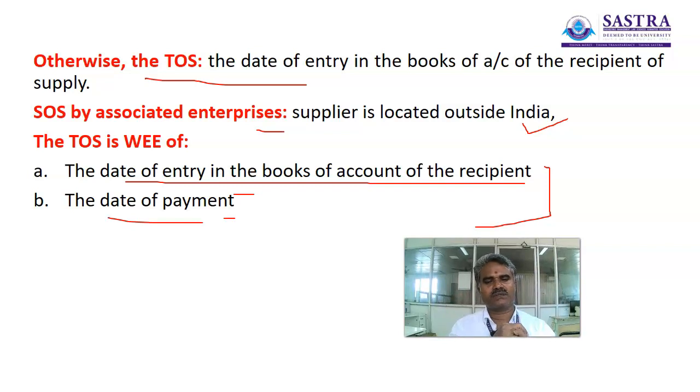You are constructing a house and decide to get some input from architects who are doing business abroad, in America or the UK. In this situation, when they give the service and you make a payment, the following conditions are applicable: the date of entry in the books of account of the recipient and the date of payment.